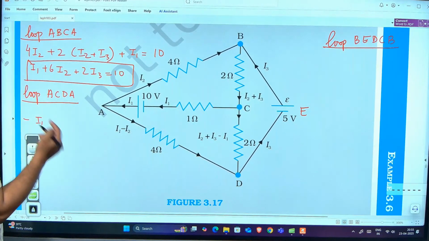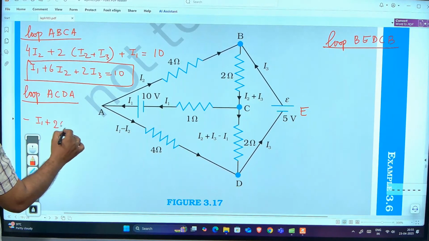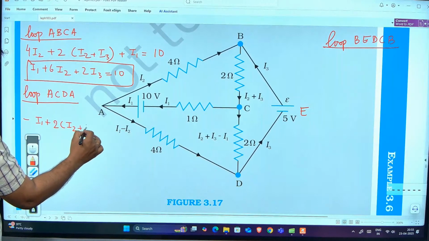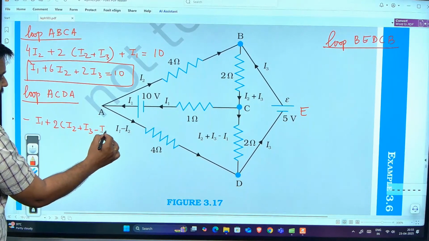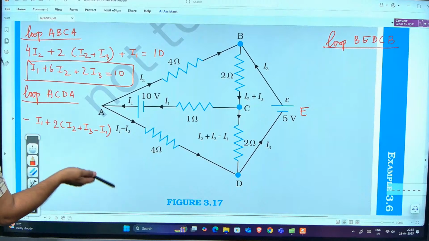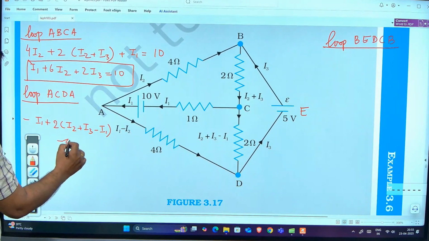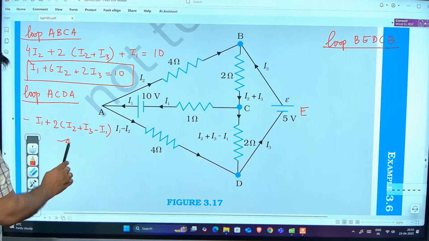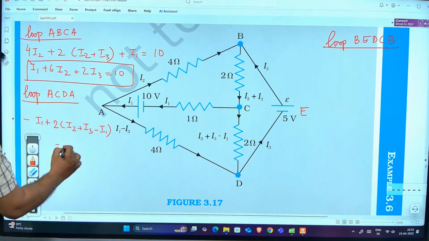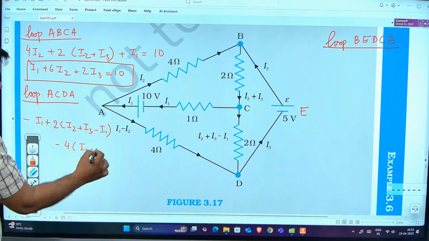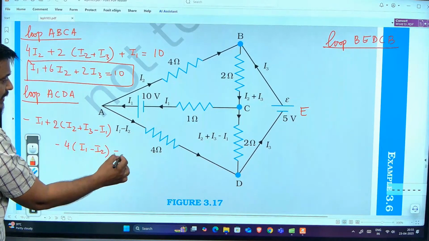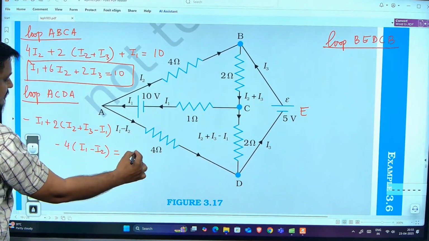When I am going from C to D, positive 2 times of I2 plus I3 minus I1. When I am going from D to A, negative 4 times I1 minus I2 equals minus 10.